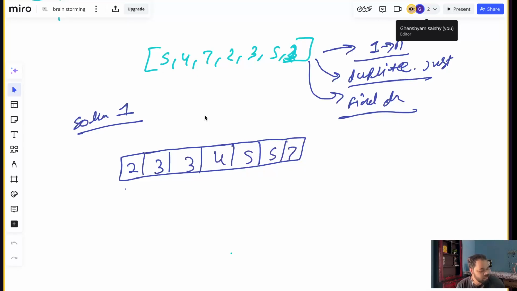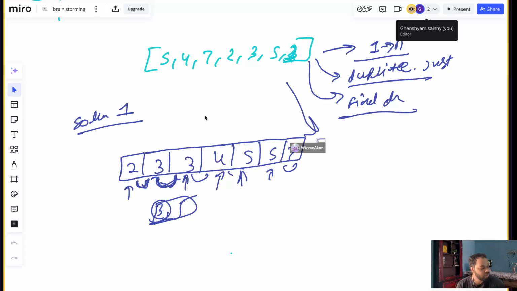Start from here: 2, is the next one the same? No. 3, is the next one the same? Yes, so 3 is a duplicate. Next one is not the same, go on. Next one is the same, yes, 5. Next one is not the same, then we are done. So 3 and 5 are duplicates. To sort it, we need O(n log n) time complexity, right?